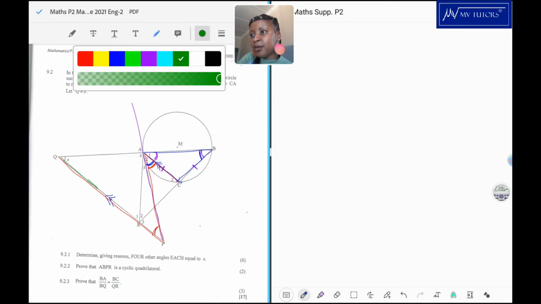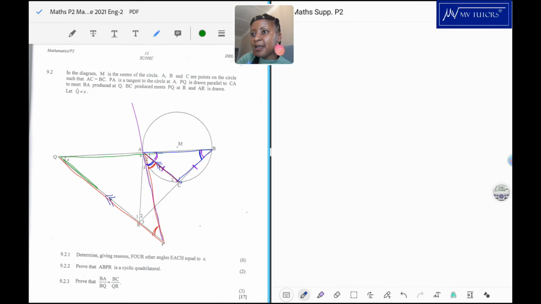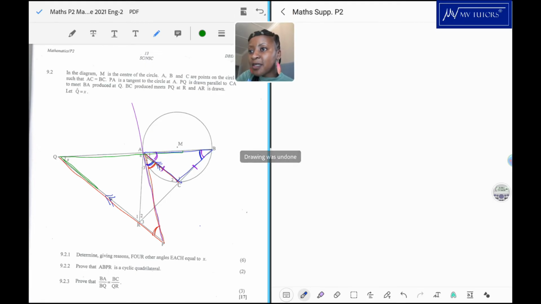So I have Q. Now my drawing is busy. So I know that Q is equal to A1 because of the corresponding angles. What else do I know? PQ is drawn parallel to CA to meet BA produced at Q. BC produced meets PQ at R, and AR is drawn. Let Q equal to X. Now determine, giving reasons, four other angles equal to X.